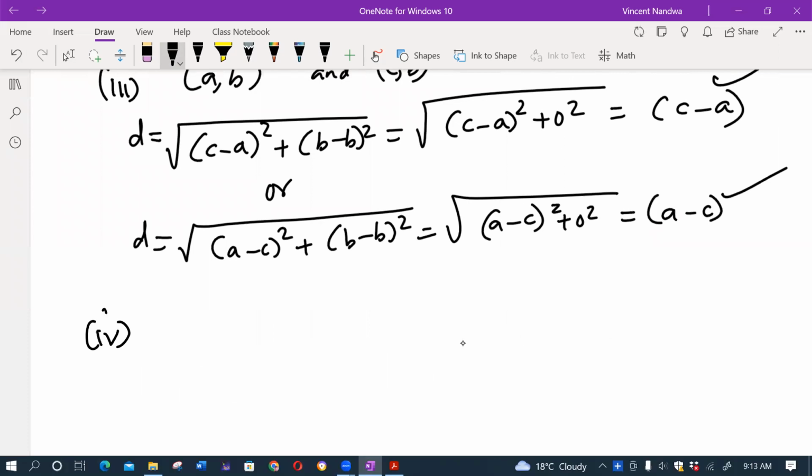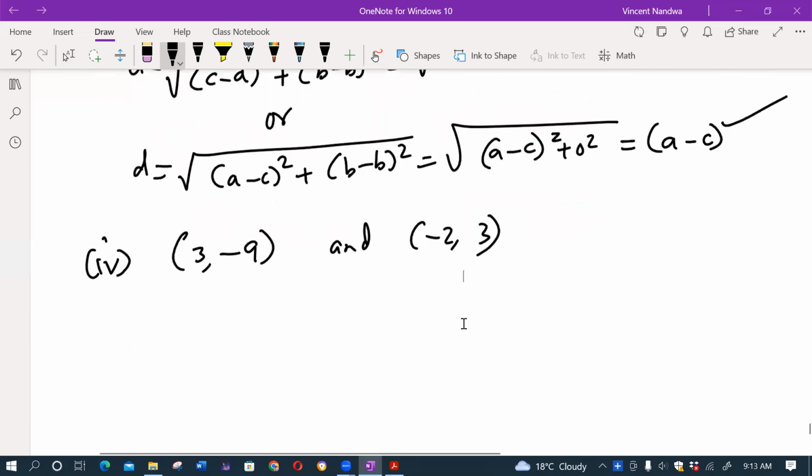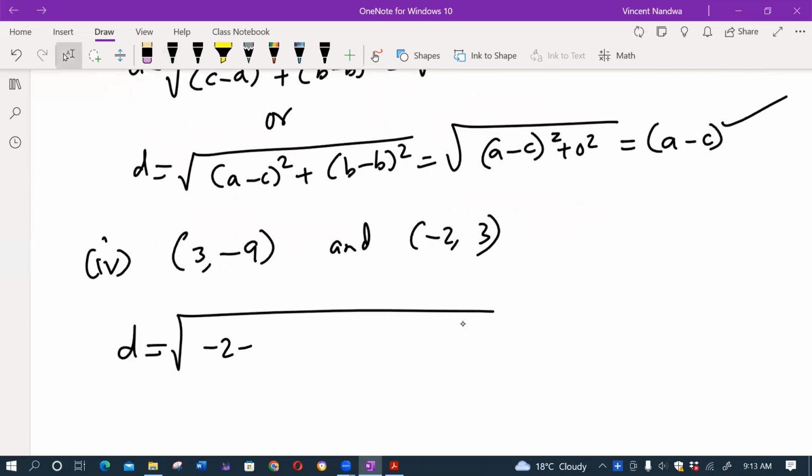So 3, 9 and minus 2, 3. The distance is square root of minus 2 minus 3 squared plus 3 minus 9 squared.